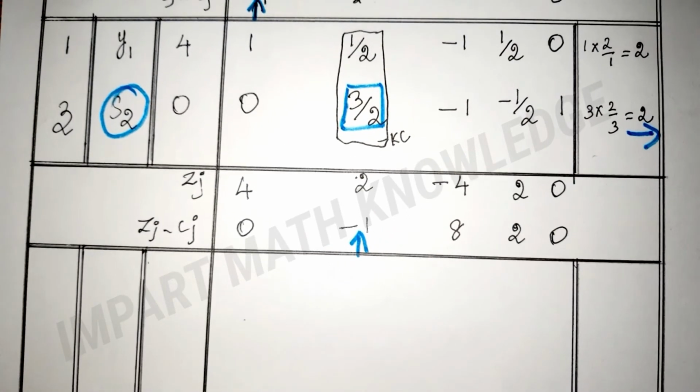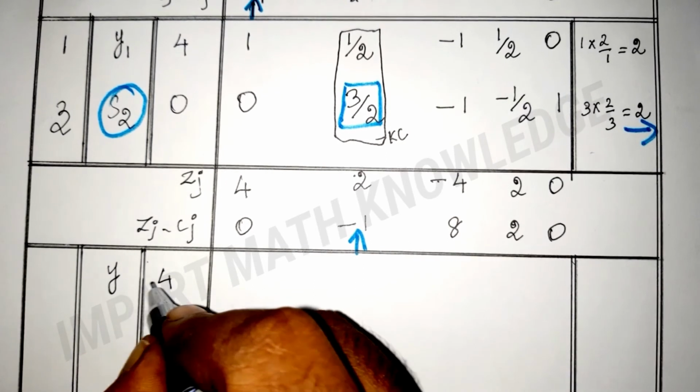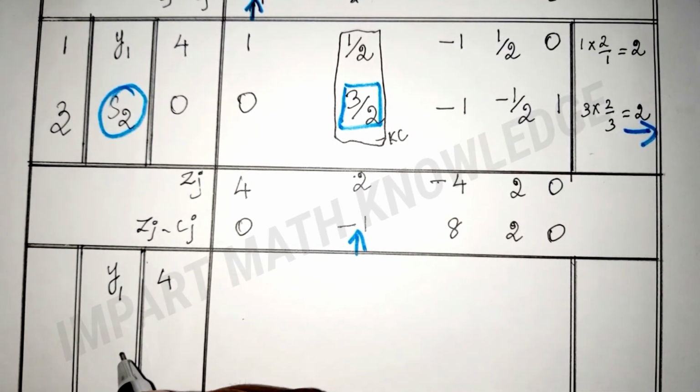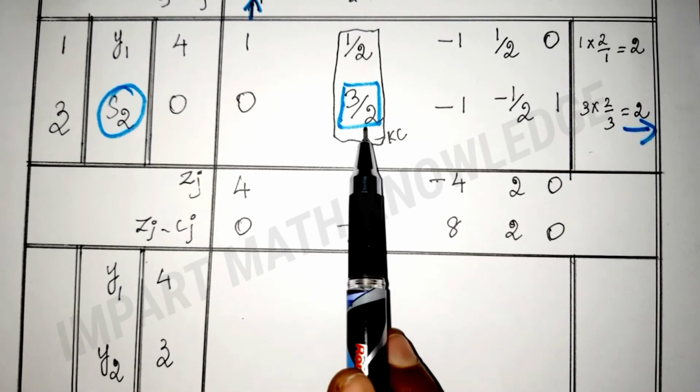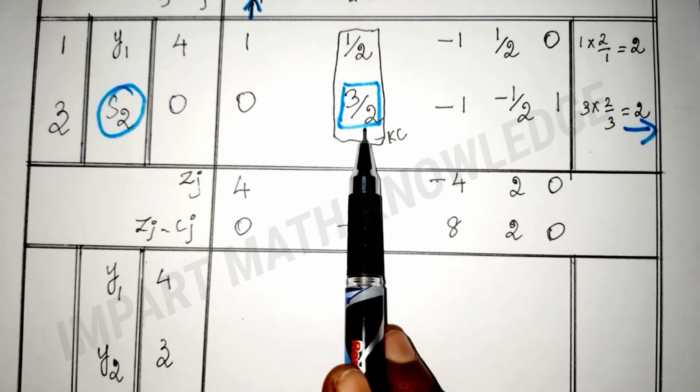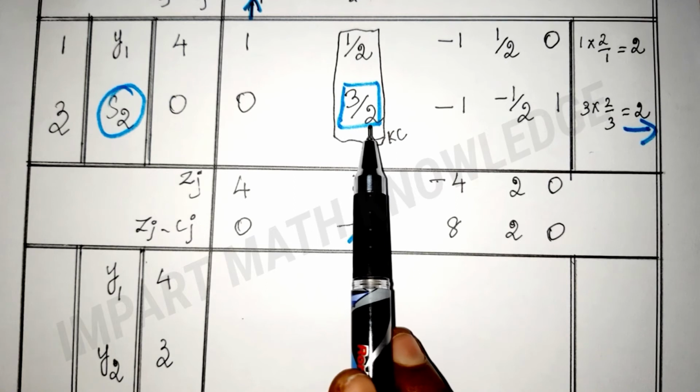The third table, Y1 you write as it is, no change. In the place of S2, you write Y2. For y2, cost is 3 in the objective function. Next, we want to make this pivotal element as 1. For that, you have to divide throughout by 3 by 2.